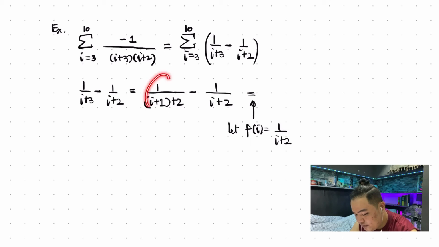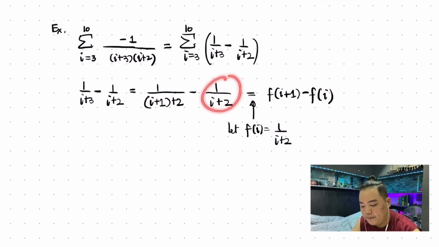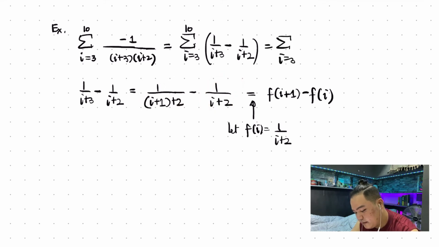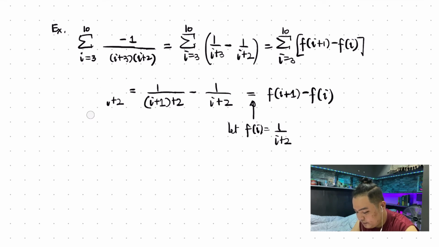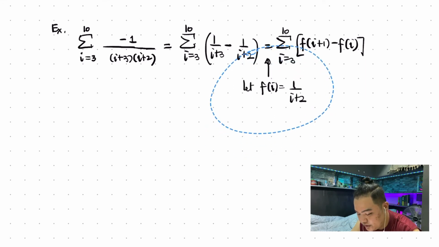So, mangyayari, itong part na to, f ng I plus 1 minus f of I. Hindi ba? This is f ng I plus 1, this is f of I. So, telescoping na yan. So, susulat ko yung nilet natin, ha. Mahalaga yung nilelet. Kasali lagi sa solution yan.